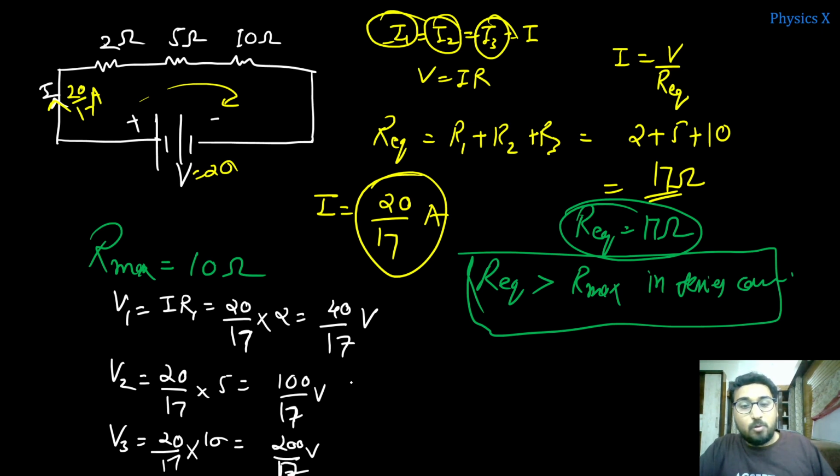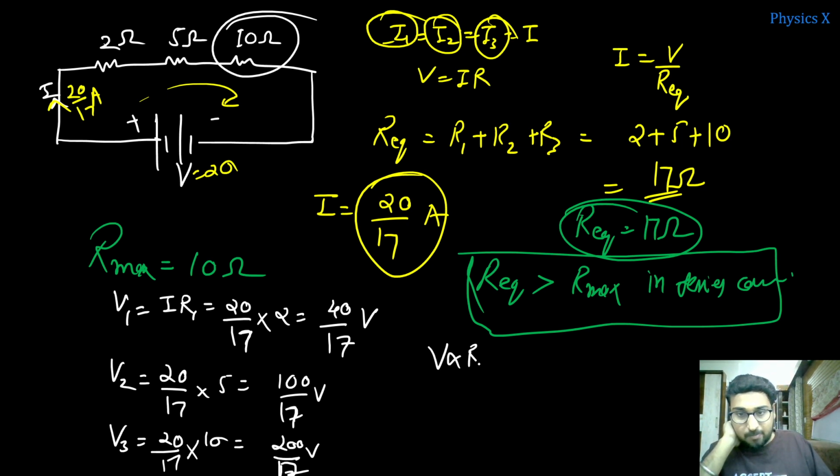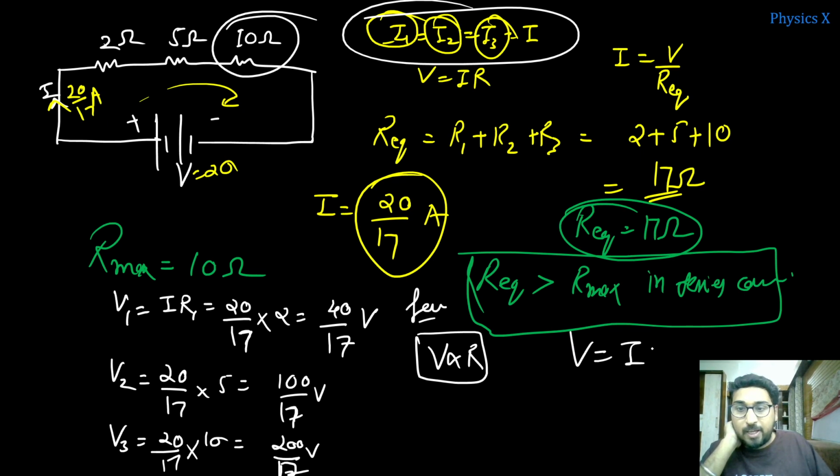So you can see the directly proportional relation with the resistance, because V is directly proportional to R in this series combination. Because I is going to be the same, V is equal to IR, but I is the same for all.